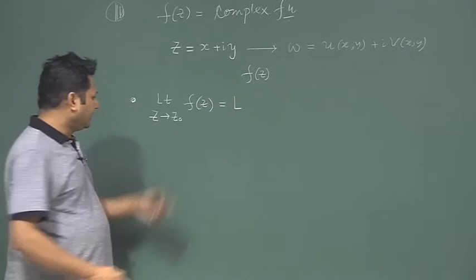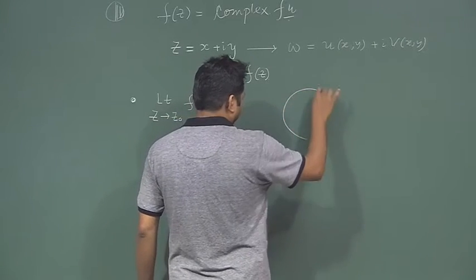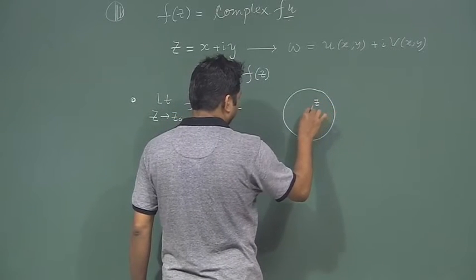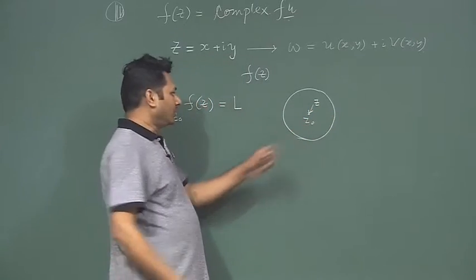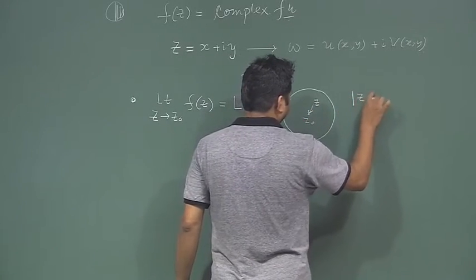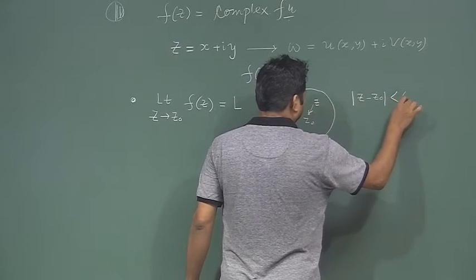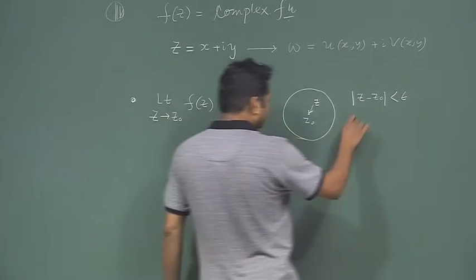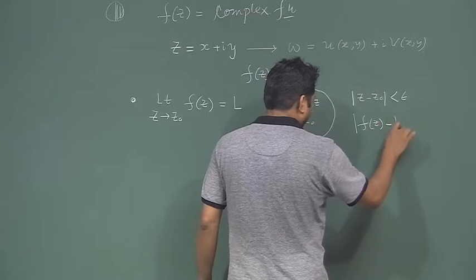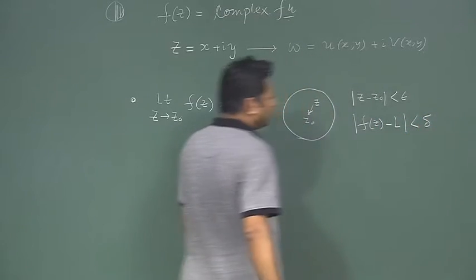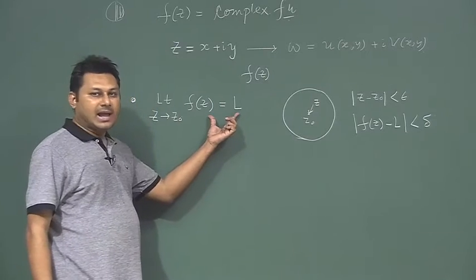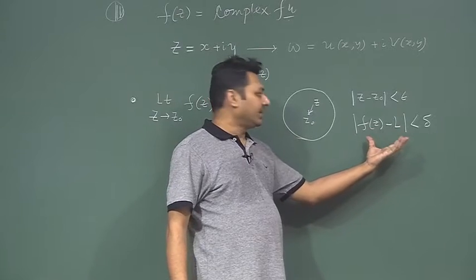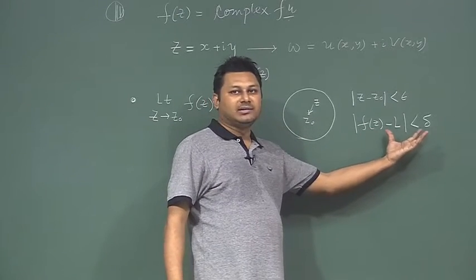So essentially the meaning is, if we have a point z0 here, and z is some point which tries to come to this point z0 with the condition that mod of z minus z0 is less than some quantity epsilon, then the function value tends to L, with the condition that mod of f(z) minus L should be less than delta.